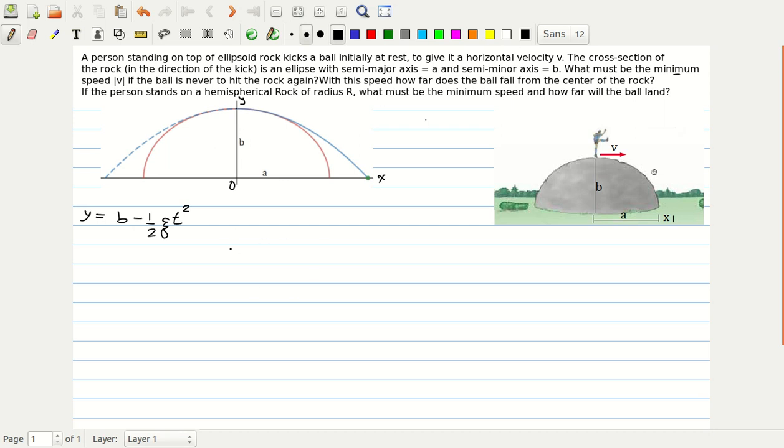What is the equation of motion for the ball in the horizontal direction? It is simply x equal to the speed in the horizontal direction, which is v, times t.